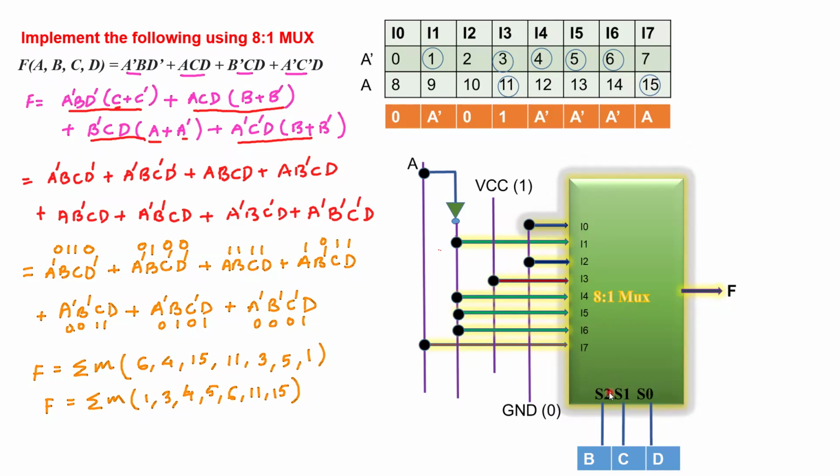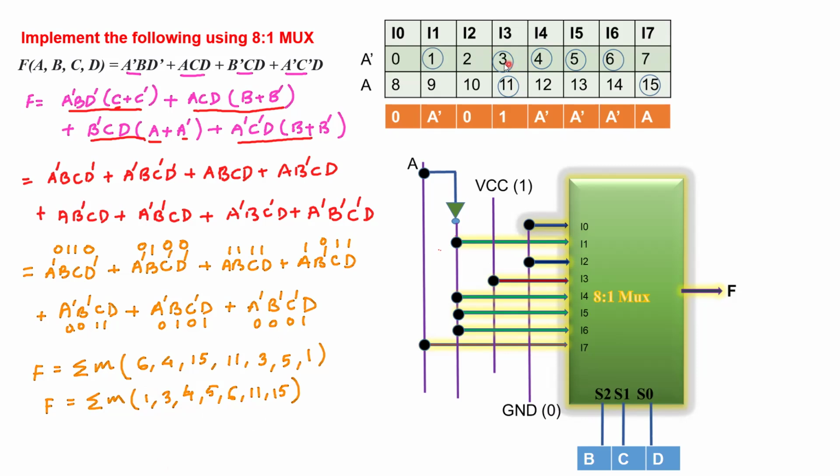Here are the three select lines S2, S1, S0, and out of the four input variables, three are mapped with the select lines. Those input variables are B, C, D, and the remaining variable A has to be used in the implementation table. After we have got these min terms, that is 1, 3, 4, 5, 6, 11, and 15, we have to circle them in the table.